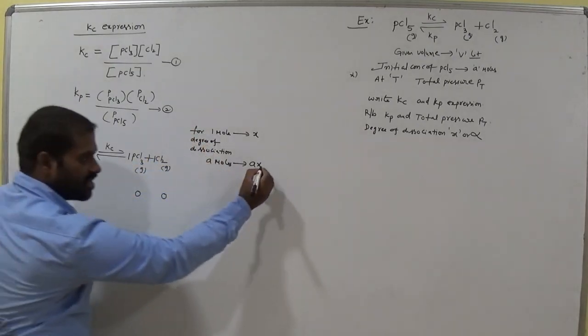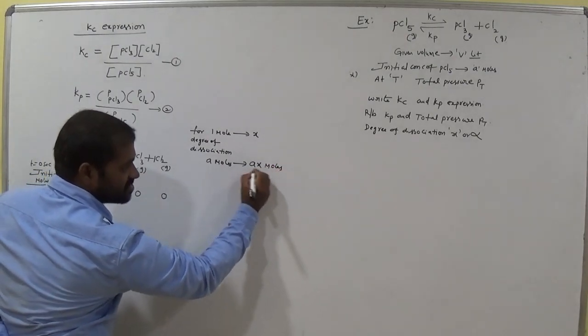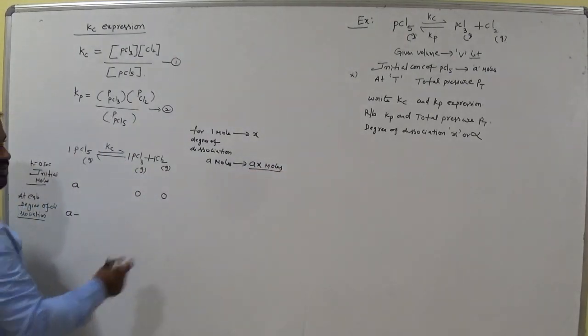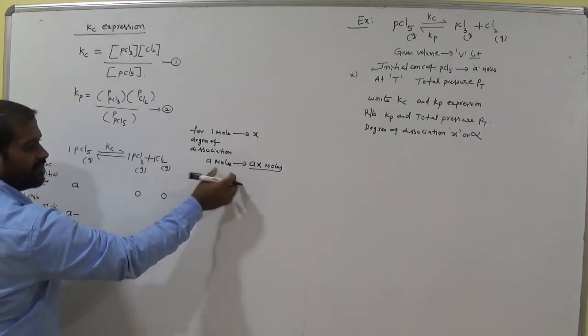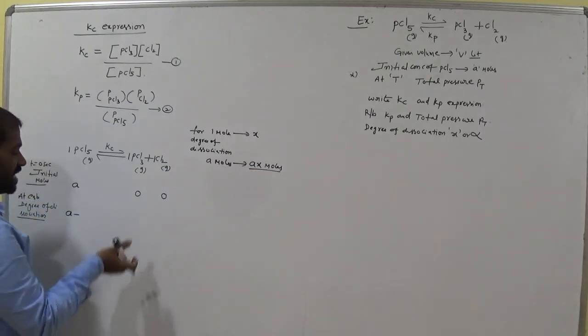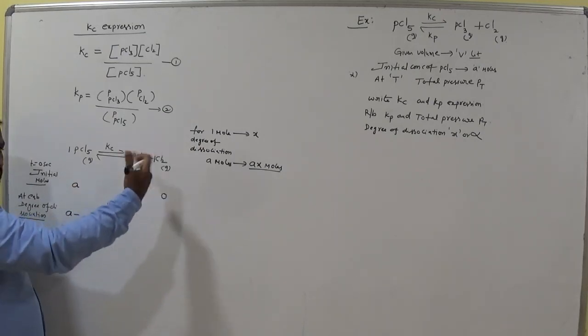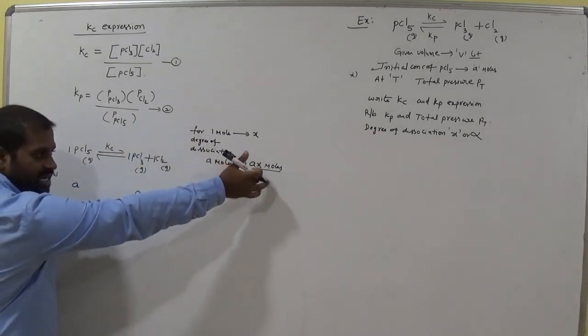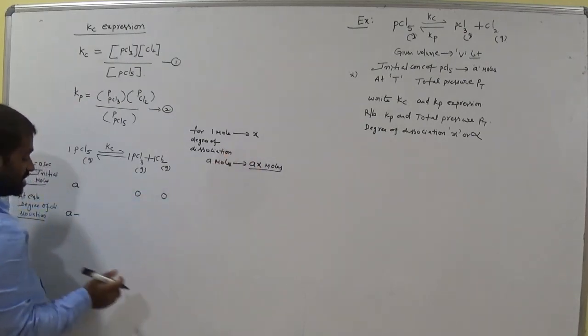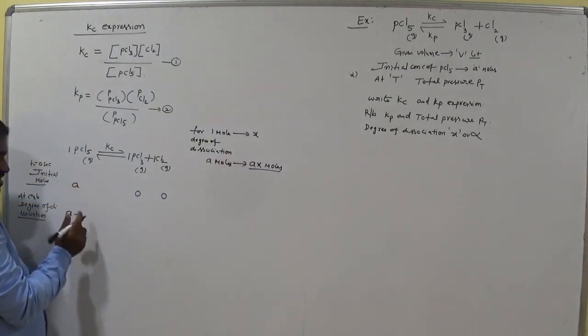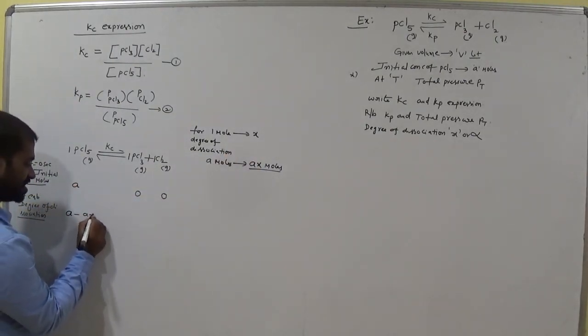Ax moles. For 1 mole, x moles. For A moles, how much? Ax moles. So the remaining moles at equilibrium are total moles minus the moles which undergo dissociation, that is Ax.